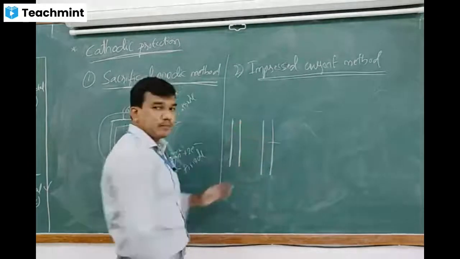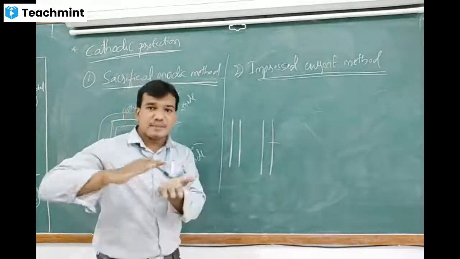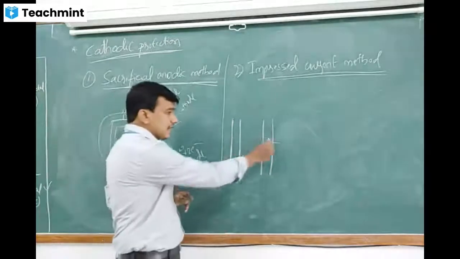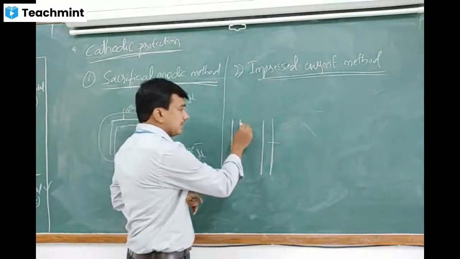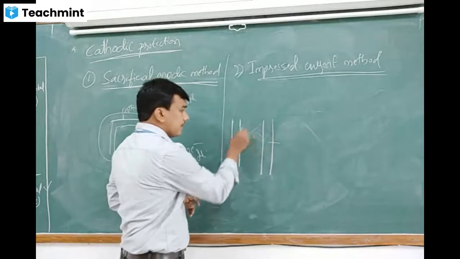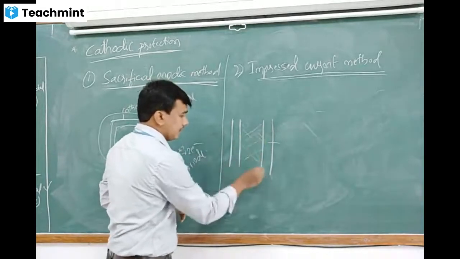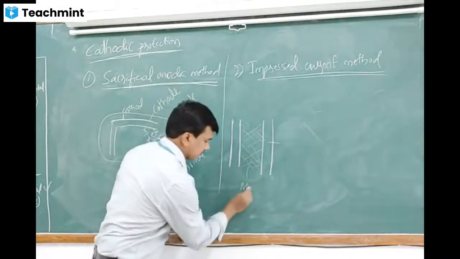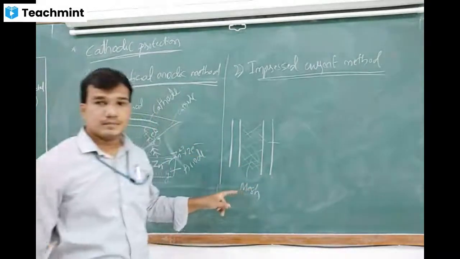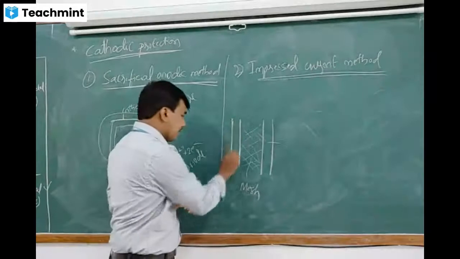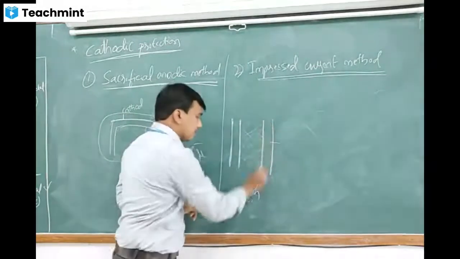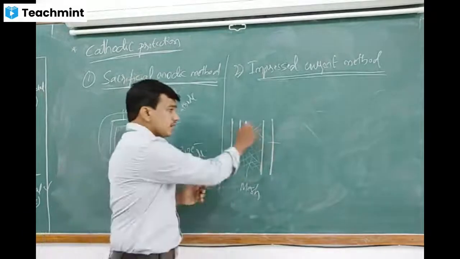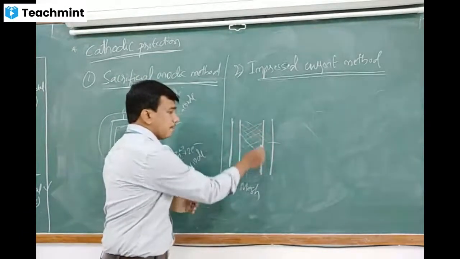In between the iron rods, observe now, there is a zinc or magnesium mesh. These are RCC columns made up of iron rods. In between the iron rods, we will keep this mesh.